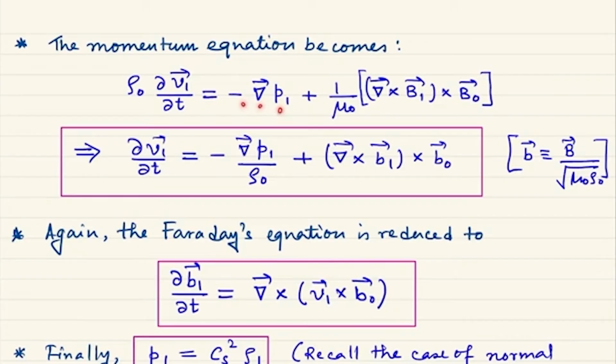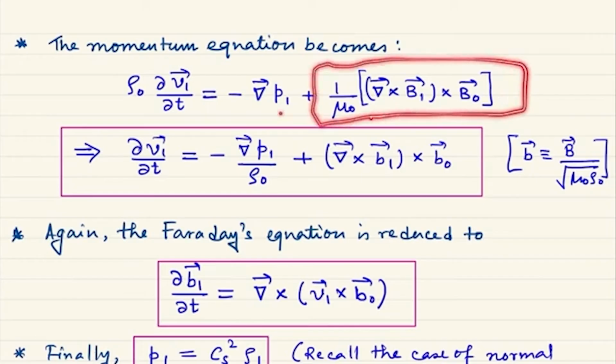Gradient of P0 will be balancing with the 0th order term of the Lorentz force over here. If you remember, we can actually neglect the body force, for example some force like gravity, only because you have here another term other than the pressure, the Lorentz force.